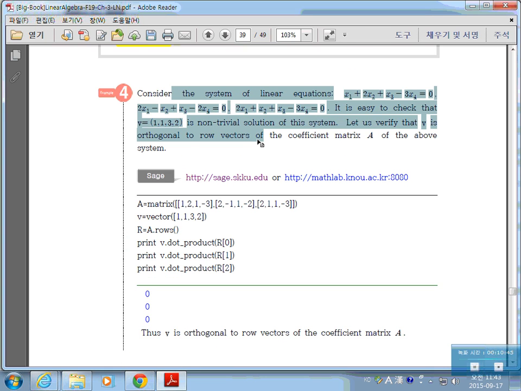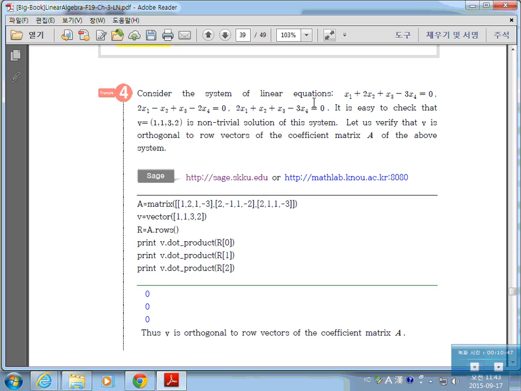Okay, now we consider these three linear system applications. And it is easy to check whether there is a non-trivial solution of this system. Just find a very simple solution. Then let us verify that V is also orthogonal to the row vectors of the coefficient matrix A of the above system. Easy.